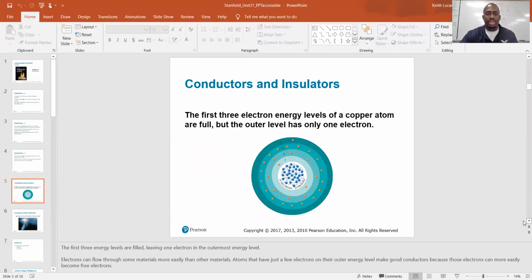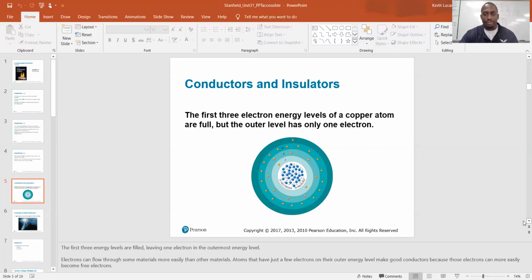So conductors and insulators. The first three energy levels are filled, leaving one electron in the outermost energy level. Electrons can flow through some materials more easily than other materials. Atoms that have just a few electrons on their outer energy level make good conductors because those electrons can more easily become free electrons.